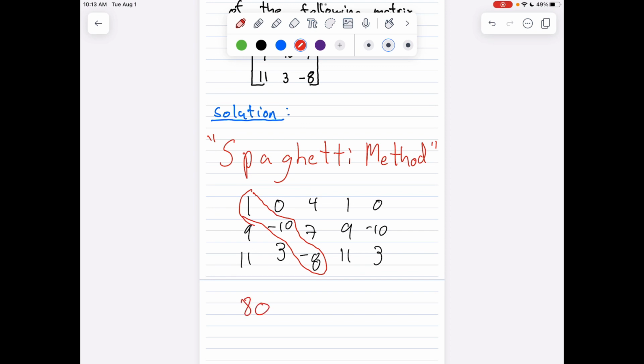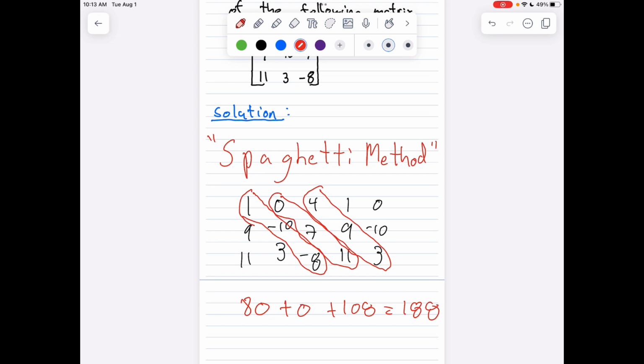Write that number down, and we're going to add this to our next product, which will start from 0, going down in the same fashion. 0 times 7 times 11 is 0. And then plus, last one here, 4 times 9 times 3, which is 108. And we will add those numbers together to get 188.